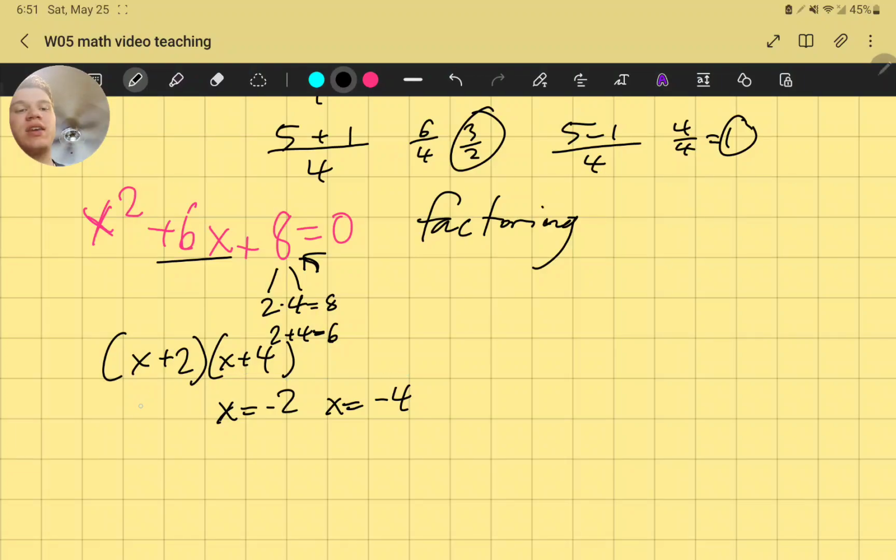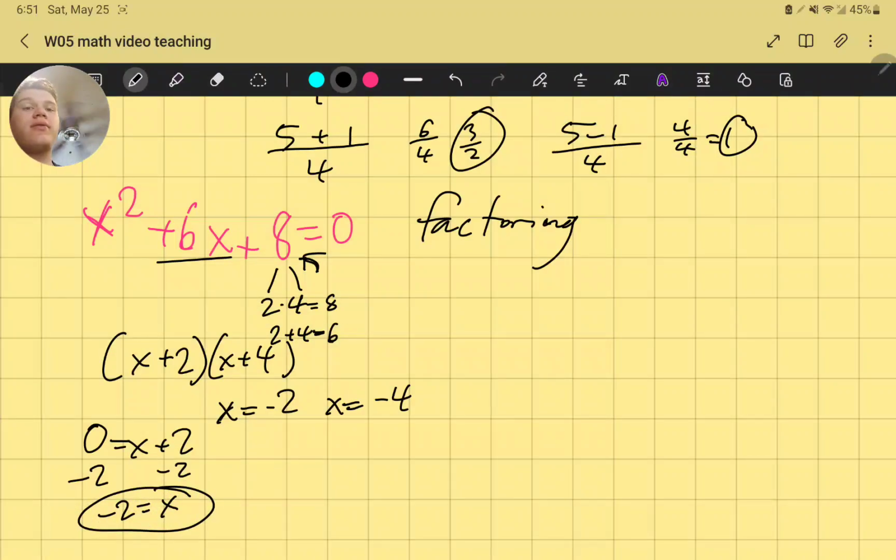A common mistake could be that you use 2 or 4, but how that really works is you take your x plus 2 and set it to 0, then subtract 2 from each side, so you set -2 equal to x, and that's how you would find those values if you're curious.